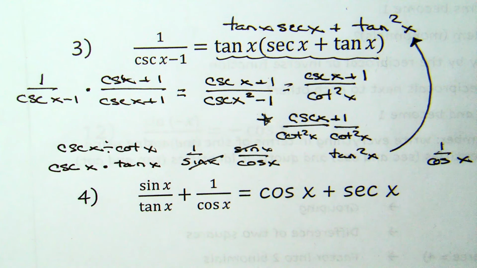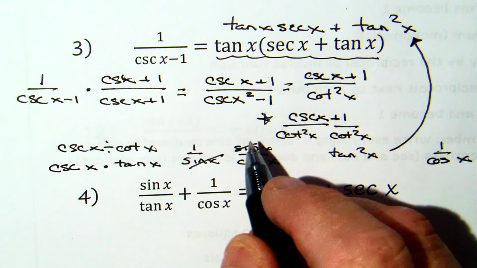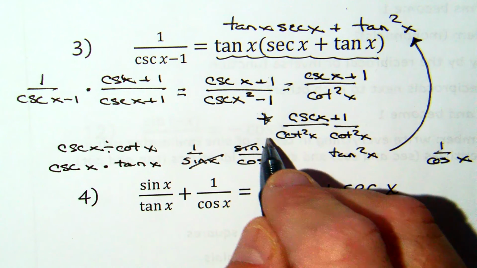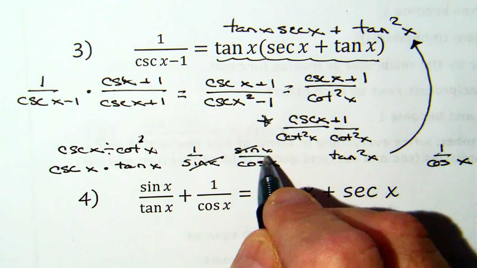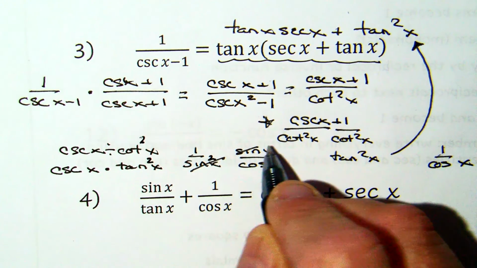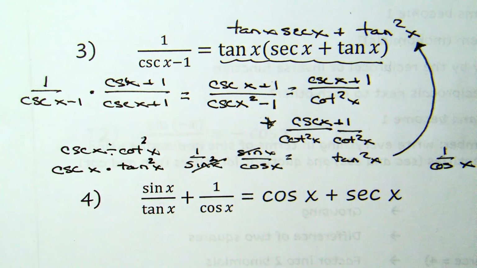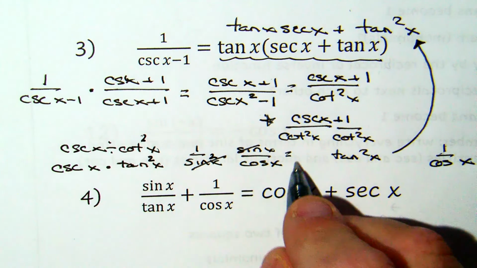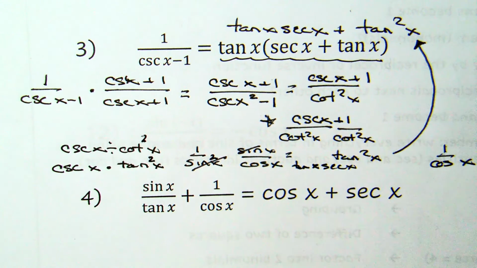One over sine x times tangent squared x. Oh, this one was squared. Sorry. This one's squared. Alright, so that becomes the tangent x secant x. Sorry. And then you're exactly the same.